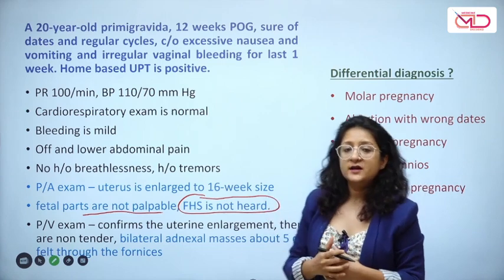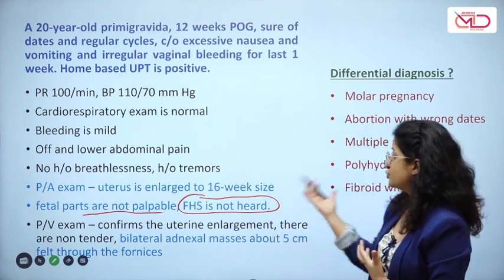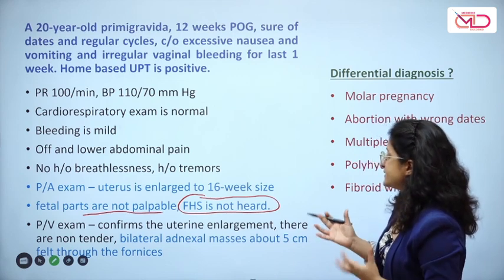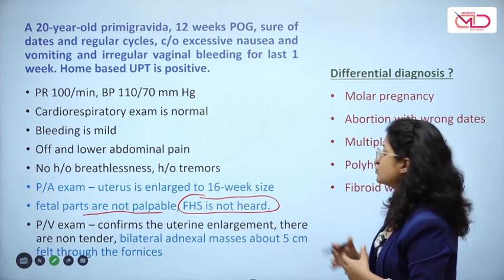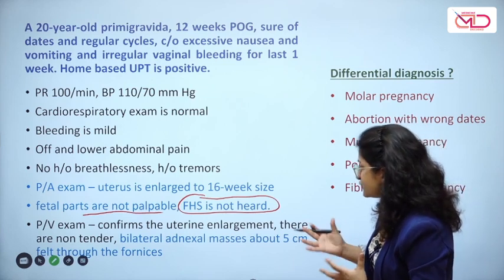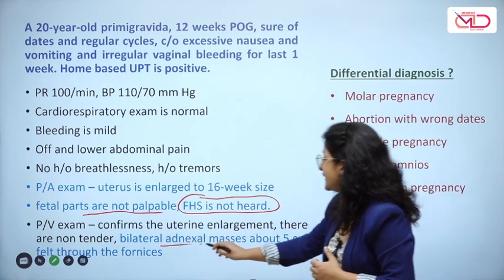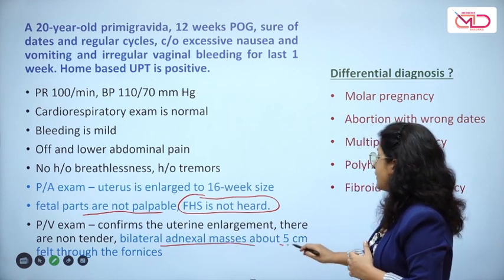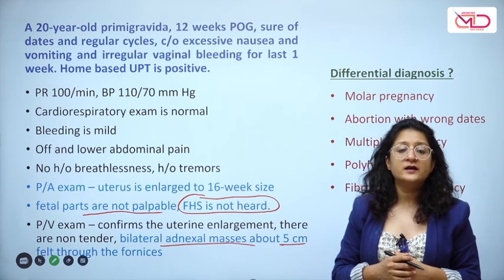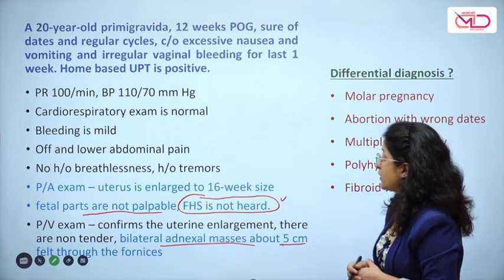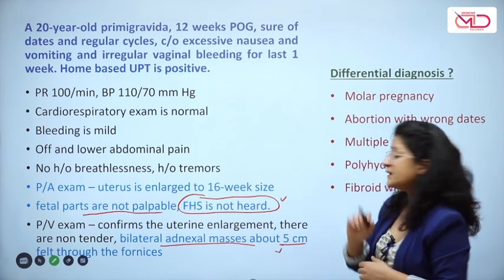On PV examination, you confirm that yes, the uterus is enlarged to 16 weeks size. The fornices are non-tender. There is no tenderness through the fornices. But what you can see here is that there are bilateral adnexal masses about 5 centimeters which are felt through the fornices, right? So an enlarged uterus, fetal heart sound not heard, and some adnexal masses.